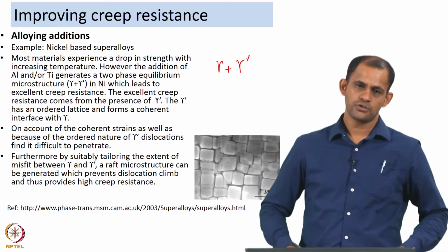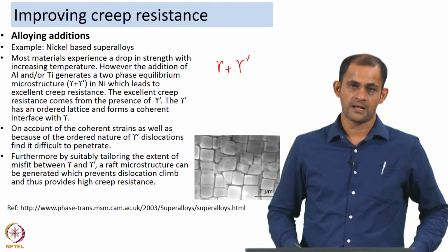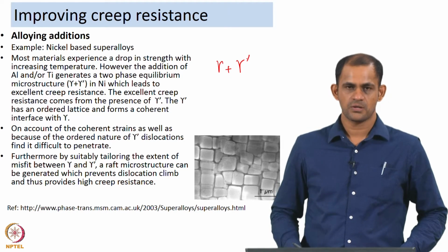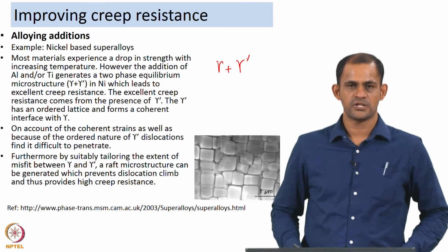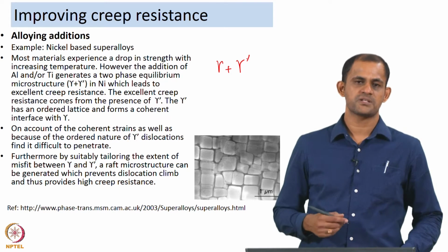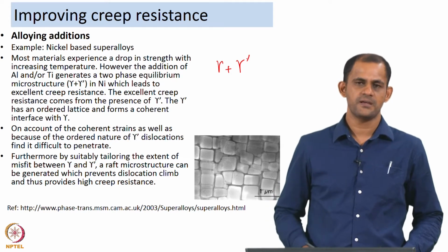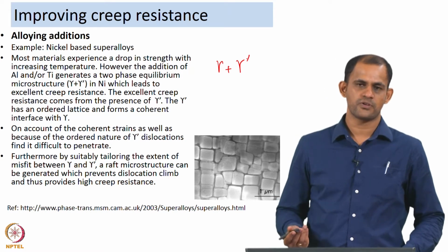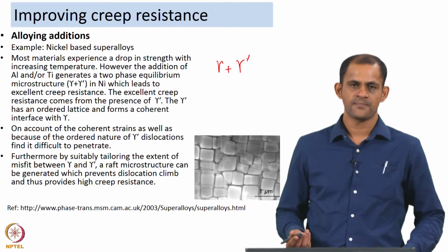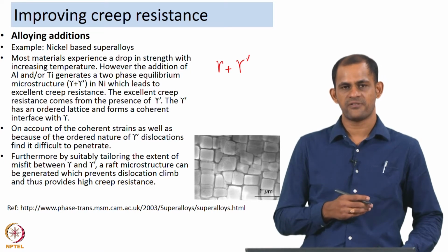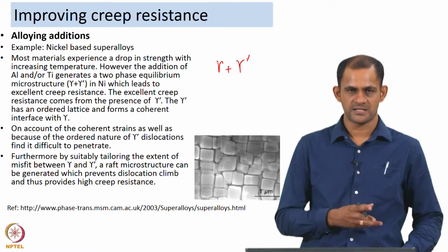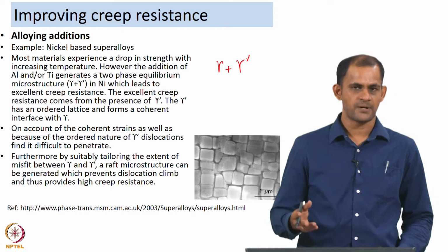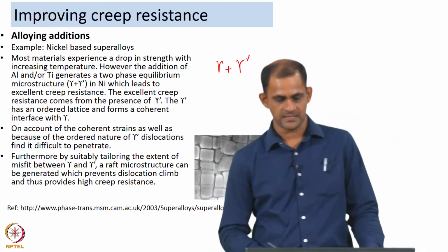In addition to the coherent strains, gamma dash is also an ordered lattice, and because of the ordered nature of the lattice, dislocations find it very difficult to penetrate the gamma dash material. So, it is a strong material on account of the ordered lattice, and dislocations find it very difficult to move from the matrix, that is gamma, into the gamma dash phase.